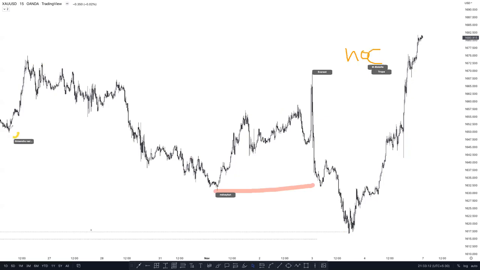If you can see, this became our lower low. Sorry, this one lower low, lower high. The break of structure is here, it pushed downside, and there are a lot of pullbacks here. If you can see, a minor pullback and a minor pullback here, right? And this is our major pullback, correct?